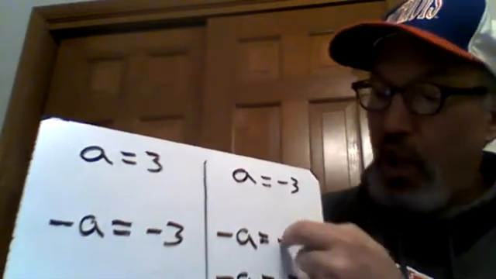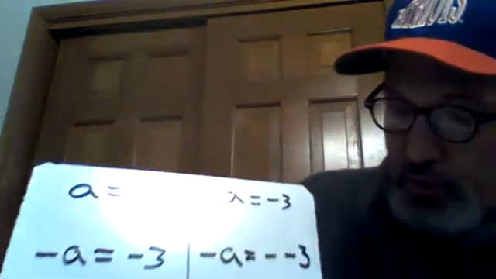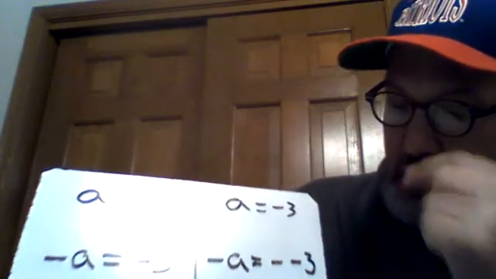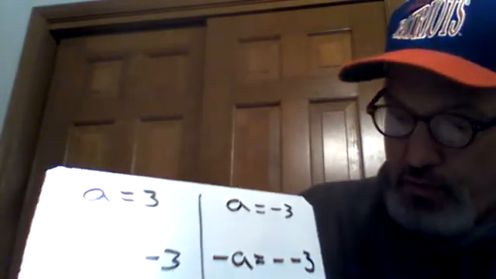But if you think of it as the opposite of the opposite of 3, let's think about that on the number line. So here's 3, right? And we want to take the opposite of 3. Well, the opposite of 3 is -3. That would take us here. So that was this minus sign.